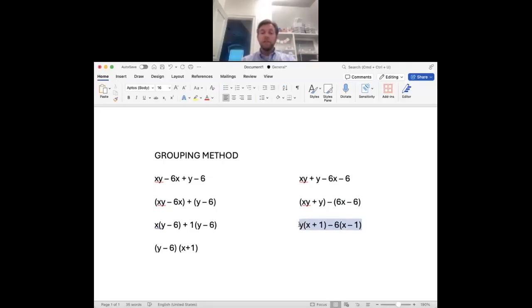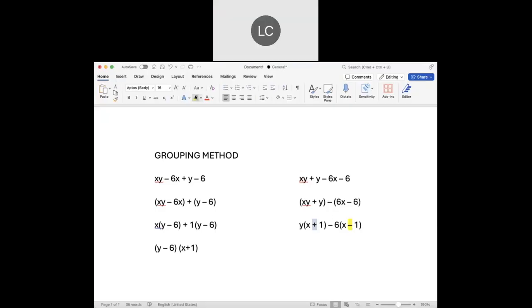Now this is the stage where you want to check yourself. You know you're doing it right when you get the same binomial. Are we doing it right? No, we're not. X plus 1 does not equal X minus 1.